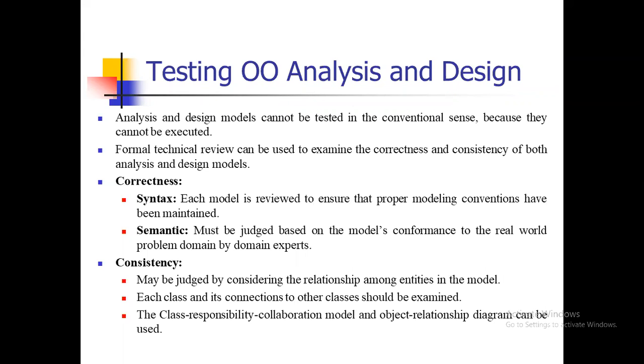Each class and its connections to other classes should be examined. The class responsibility collaboration model and object relationship diagram can be used for consistency. So these are the testing of object-oriented analysis and design. We have to verify the analysis and design models.